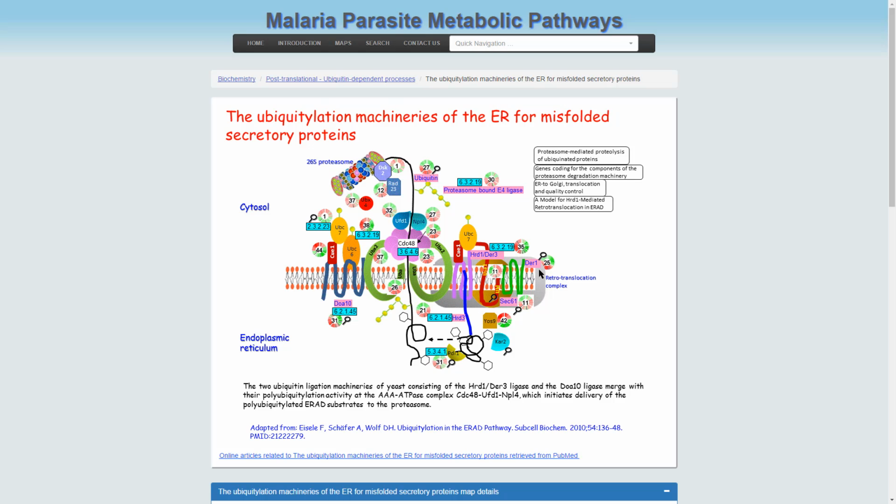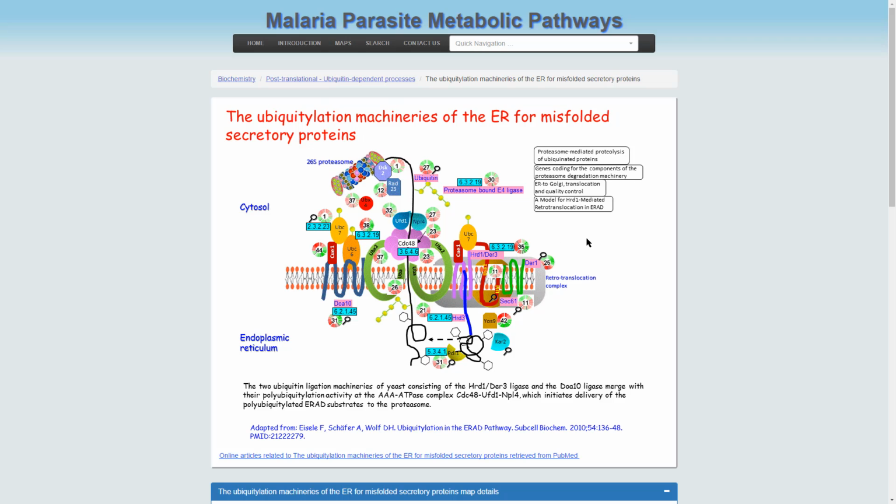Here is an example of the role of different types of ubiquitins in the machinery of the ER dealing with misfolded proteins. You see that there are different ubiquitin enzymes, UBC7, UBC6, and so on, which participate in the different regulation.